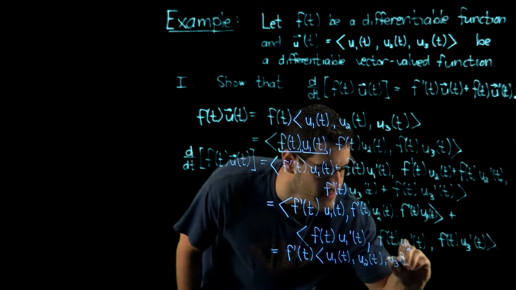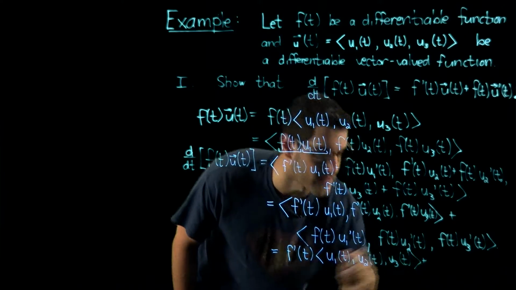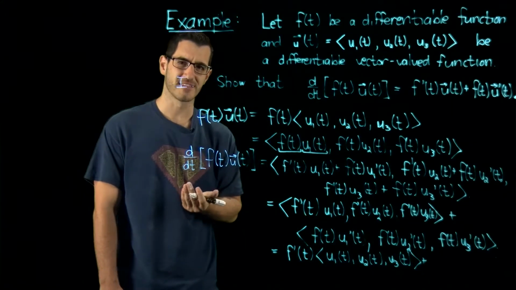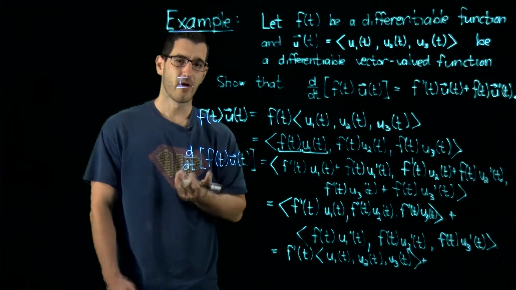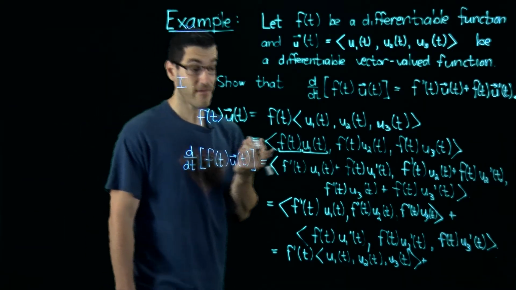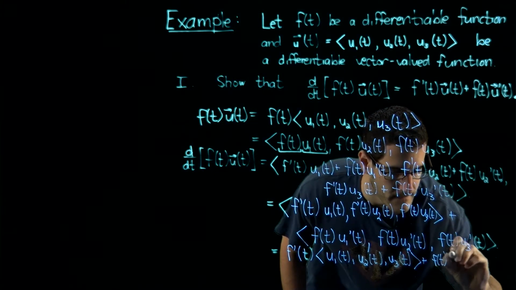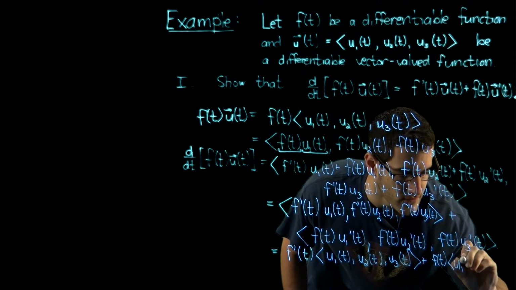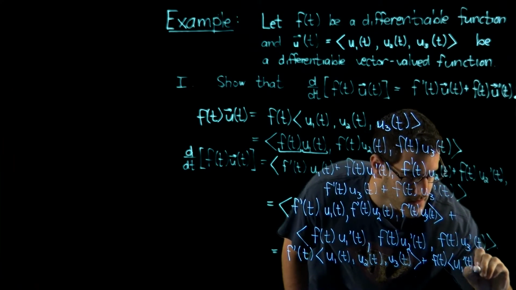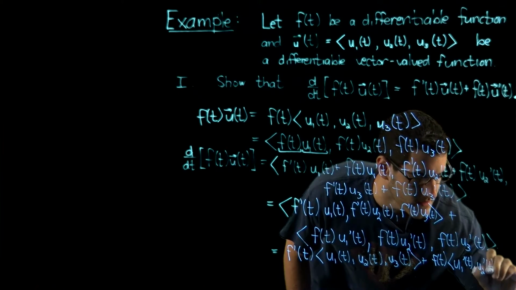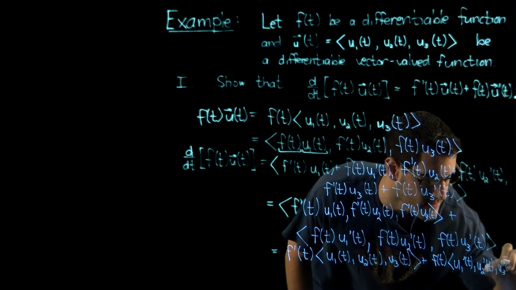And if I look at the second vector that I've written, what do each of those components have in common? Well, hopefully you can see it's just an f of t, which I can take outside. So I get a u1 prime of t, u2 prime of t, u3 prime of t there.